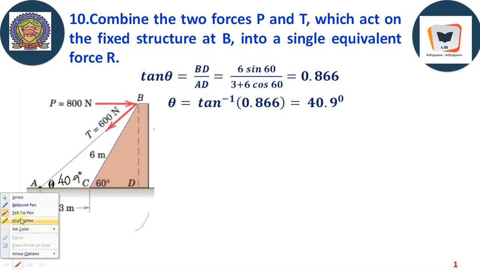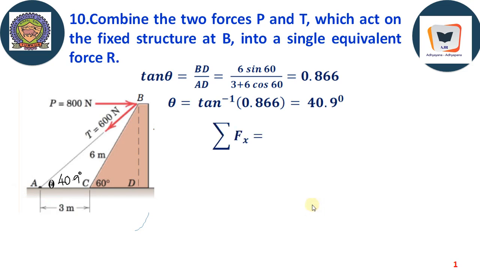Okay, we'll continue. Rest of the problem should be easy. Sigma Fx equal to, here the direction of the resultant is to be found out. There are no other conditions like previous problems. So Fx equal to 800 direct horizontal force, which is going in the positive direction, minus 600 cos 40.9 degree.